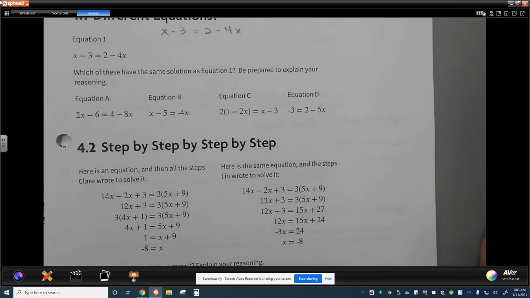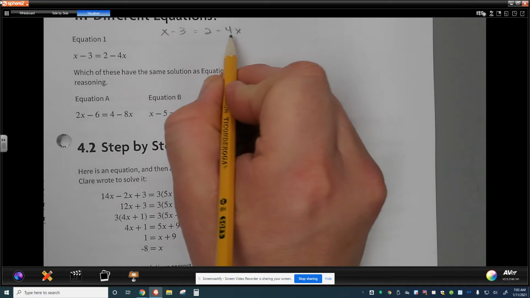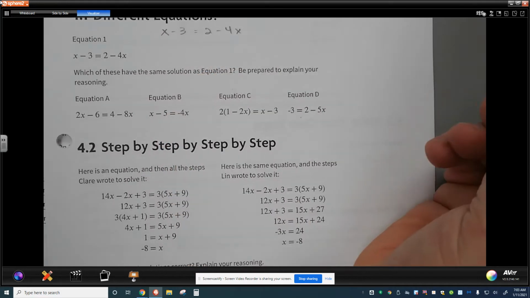The very first thing that I like to do personally is collect my variables into one expression. By doing this, I notice a lot of different things that we haven't talked about yet, like how many solutions the equation could have. But it also helps me isolate that variable in a way that looks more familiar to me. I see that I have a positive 1x over here, and a minus 4x over here.